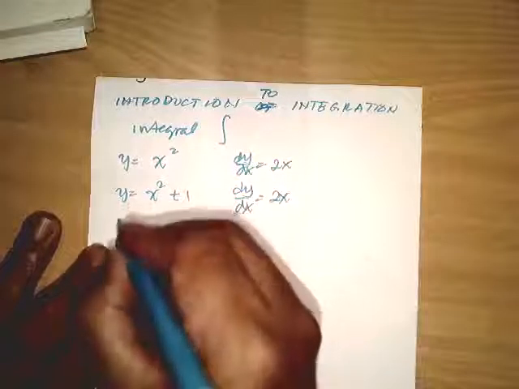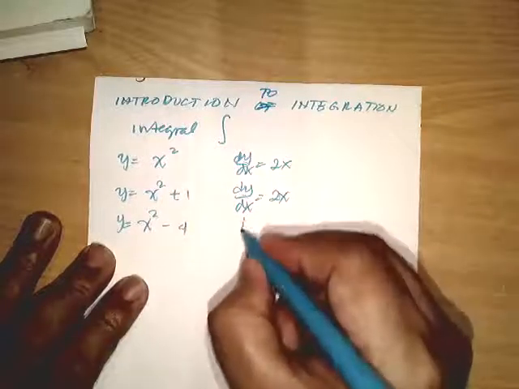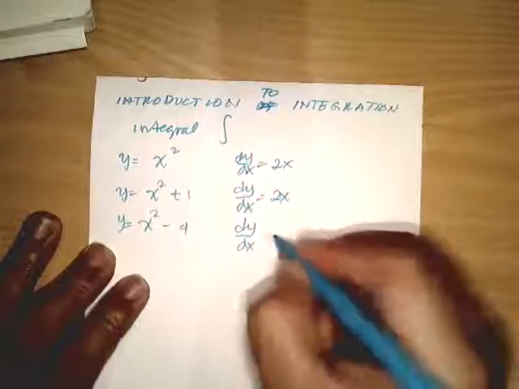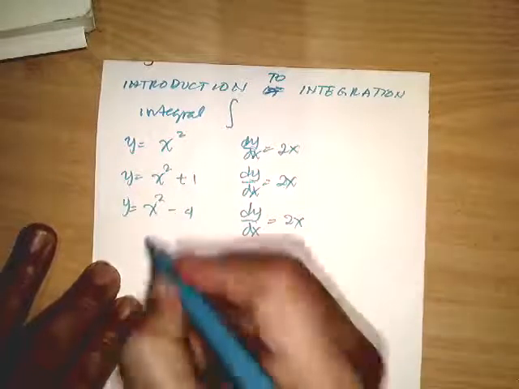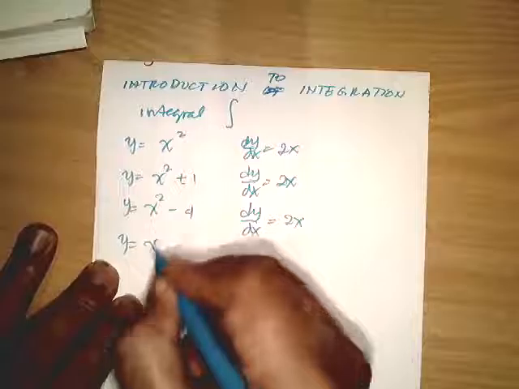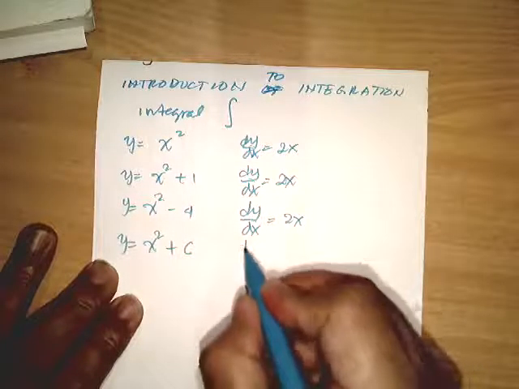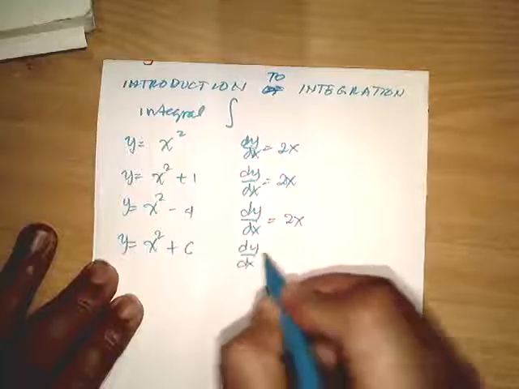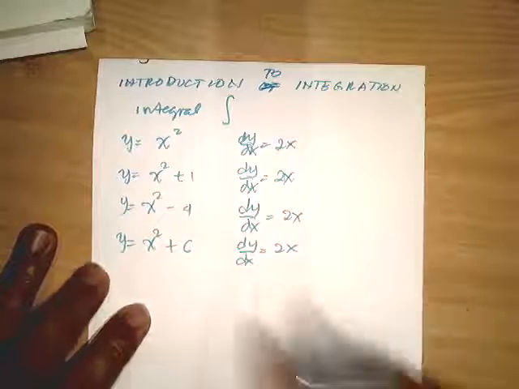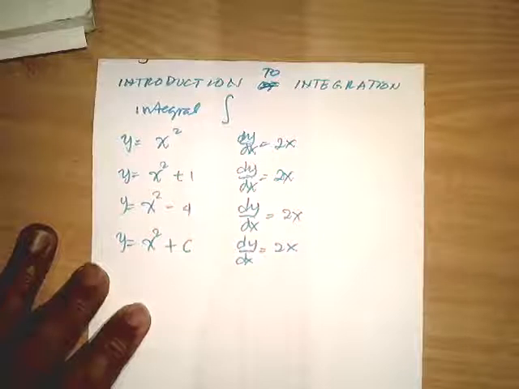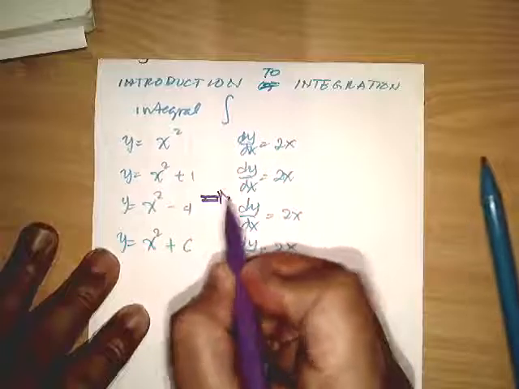And if your y is equal to x squared minus 4, the dy/dx is also equal to 2x. Or in general, if you have y is equal to x squared plus any number c, your dy/dx is also equal to 2x.